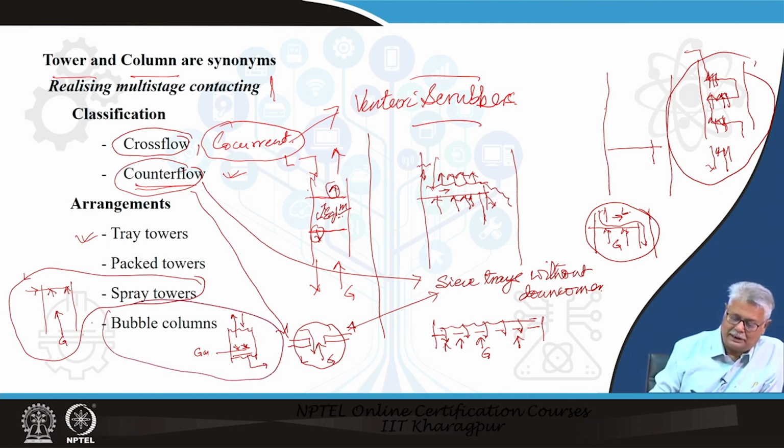So, what you find here, the bubble columns are cross flow, spray towers are cross flow, pack towers are cross flow, tray towers overall they are cross flow, but individual, sorry, I made a mistake. I should have said that pack towers, spray towers and bubble columns, they all are counter flow towers, whereas the individual trays are cross flow, the overall tower is a counter flow.